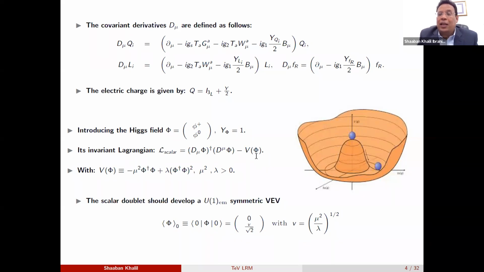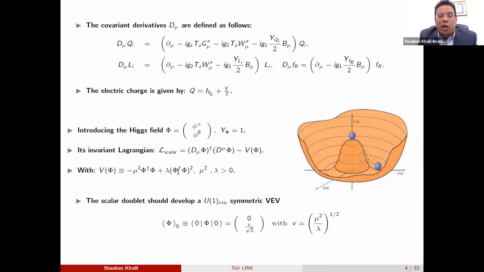People know very well that the simple form for the scalar potential is mu square phi square plus lambda phi to the power 4. But if you use mu square phi square and lambda phi to the power 4, you should be somewhat careful. First of all, lambda has to be positive.